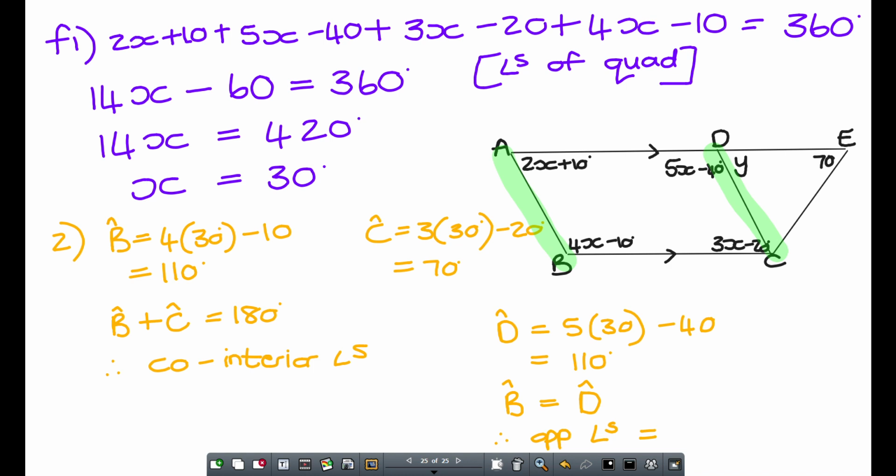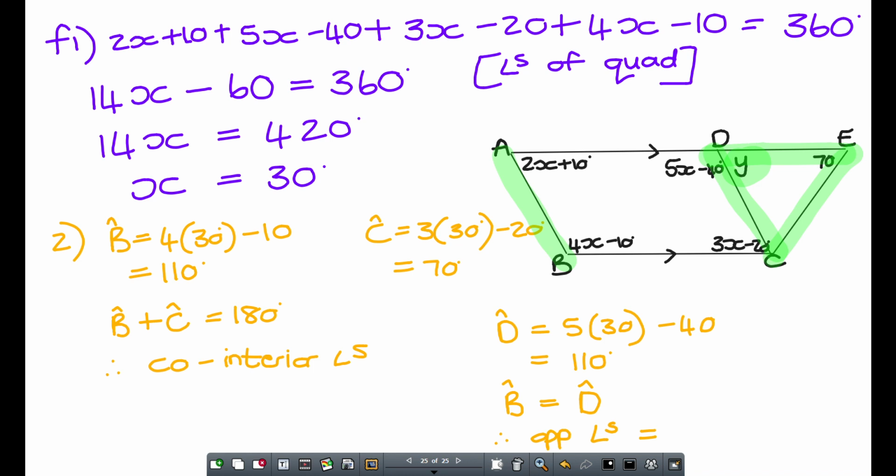Now, if we can find out what y is, and if that is 70, it means that this triangle will be an isosceles triangle. And then DC will be the same as CE, and therefore the same as AB. So y is equal to 180 minus 70.